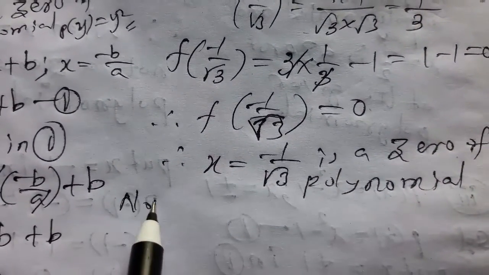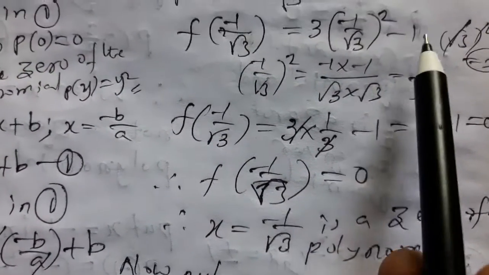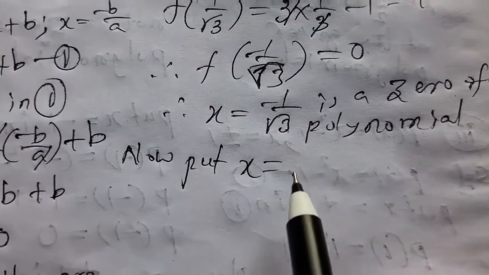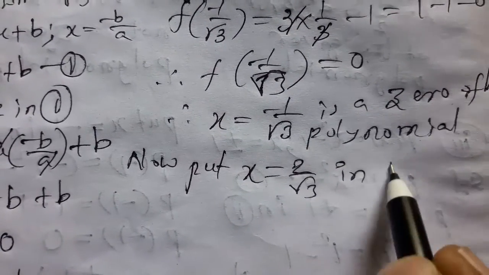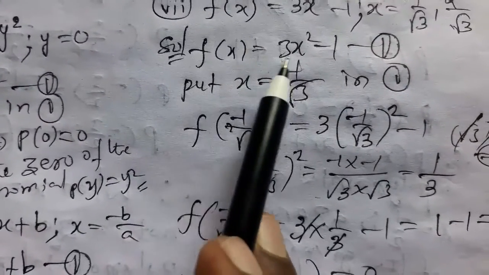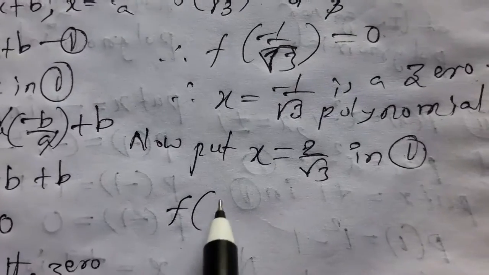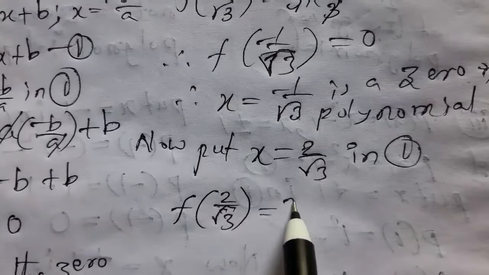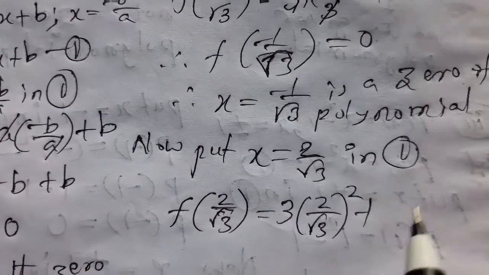Now put x equals the other value given, that is 2 by root 3, in equation 1. What is the equation of f of x? F of x equals 3x square minus 1. So f of 2 by root 3 equals 3 times 2 by root 3 whole square minus 1.